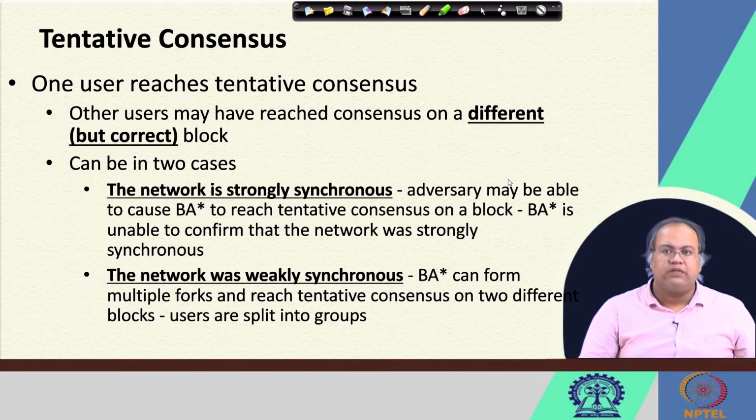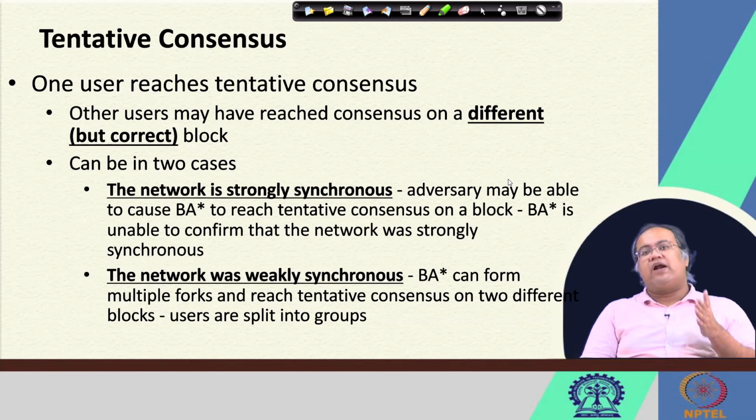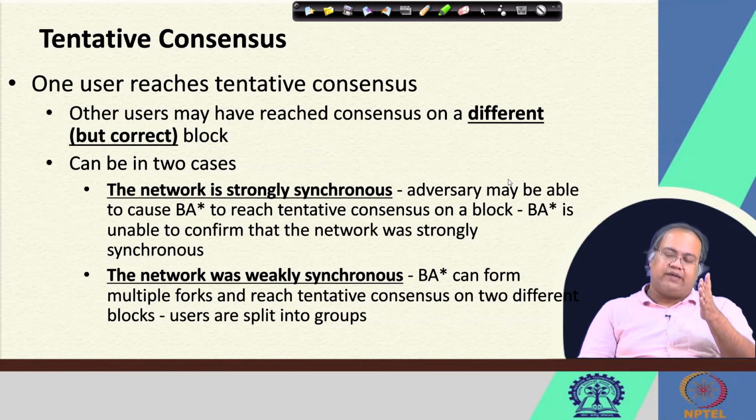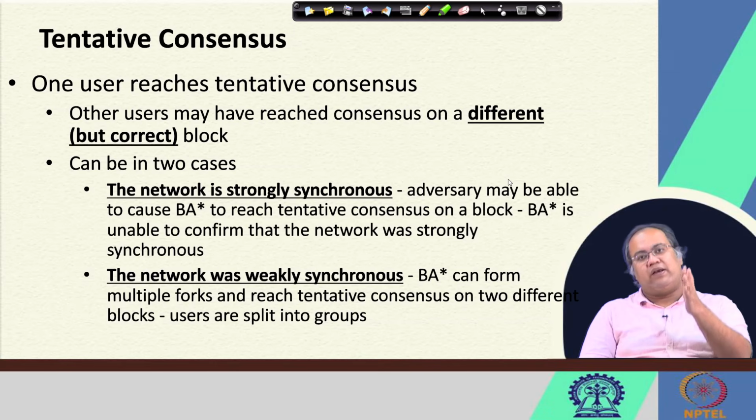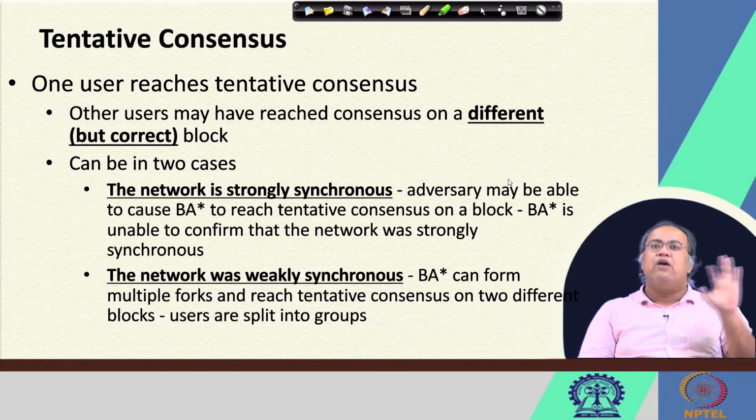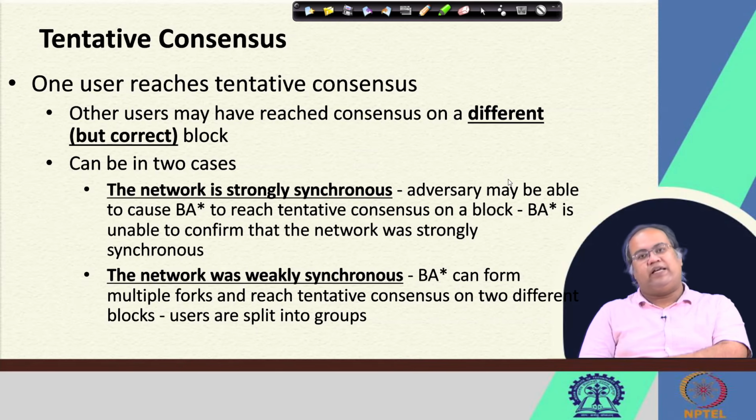So the users are split into groups. Under a weak synchronous assumption, the adversaries have partitioned the network. When the adversary has partitioned the network, one partition has agreed on one block and another partition has agreed on a different block. That is the case of the weak synchrony assumption, and we have reached a tentative consensus here.